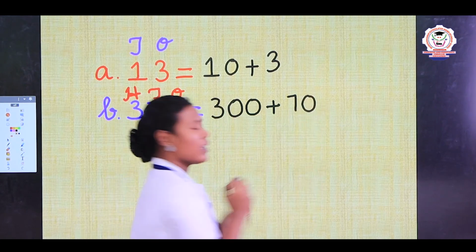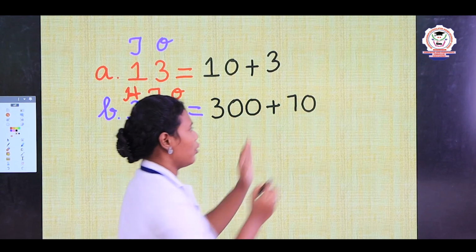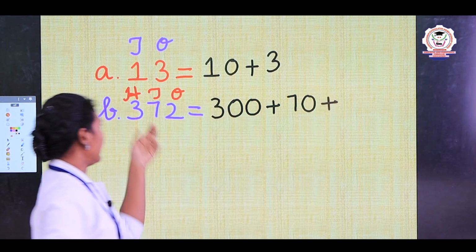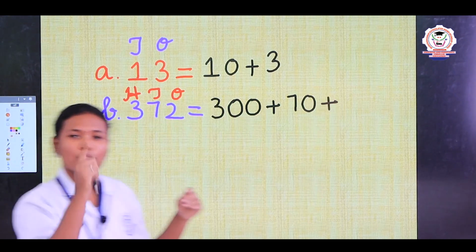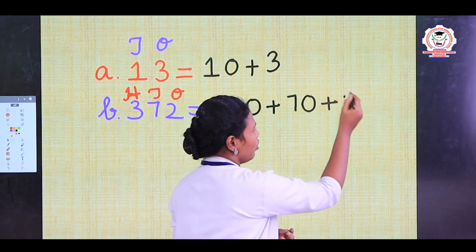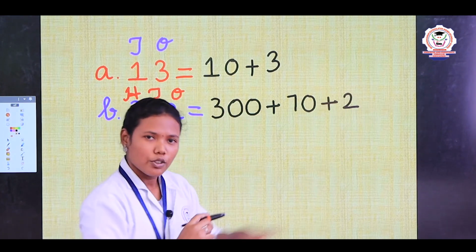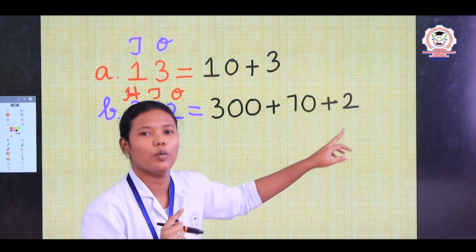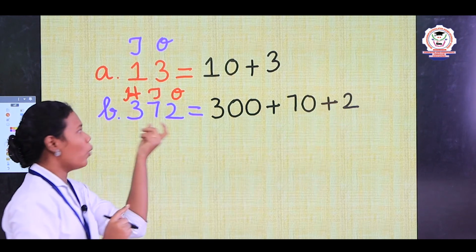So 0, and as usual we have to write the plus symbol here, and at last our ones place is 2. So you write 2 here. Should we add 0 here? No, because it is in the ones place.